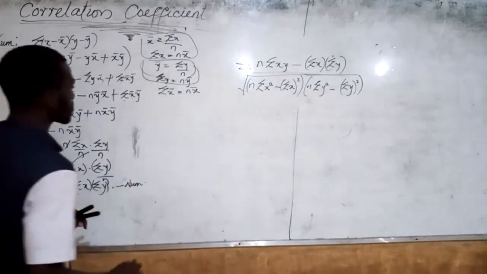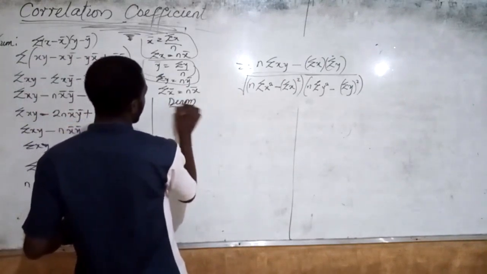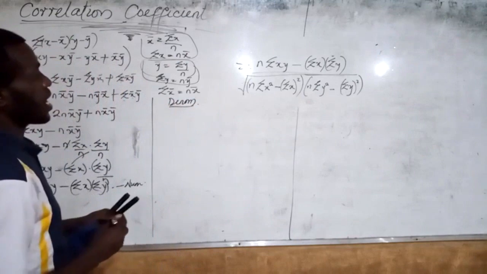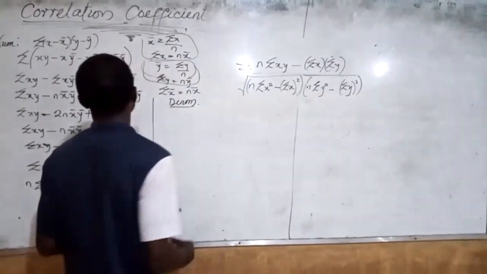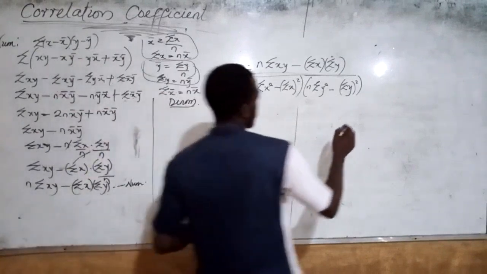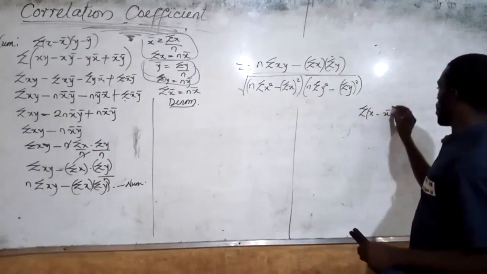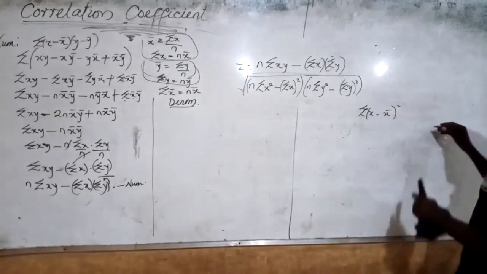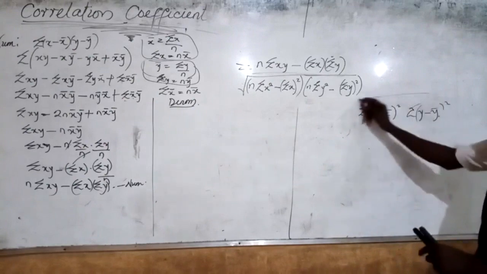Alright. So then the denominator. Now for the denominator, we are going to be solving for only the x. Why? Because the formula for the denominator says summation of x minus x bar all squared, and summation of y minus y bar all squared, then with the square root.